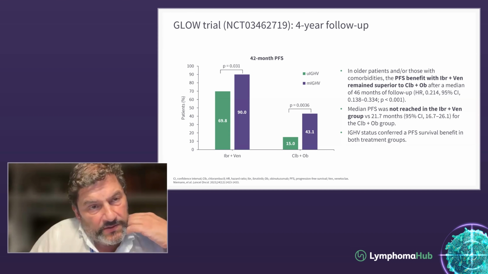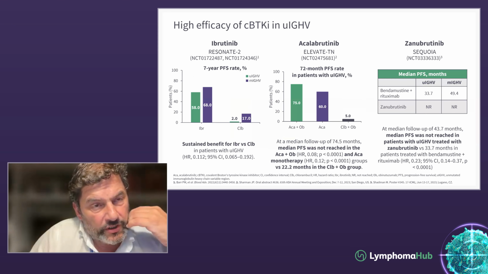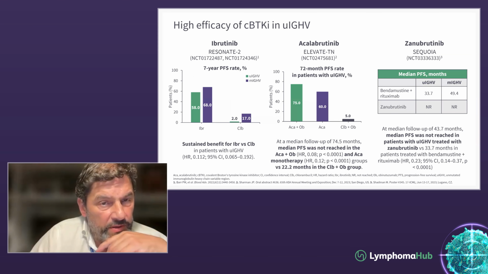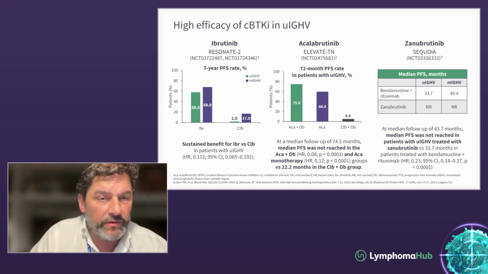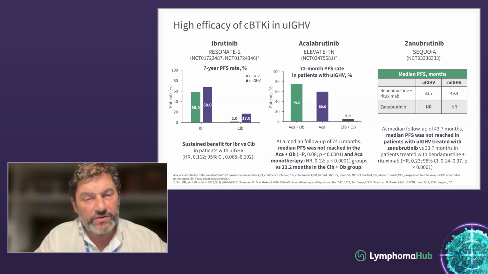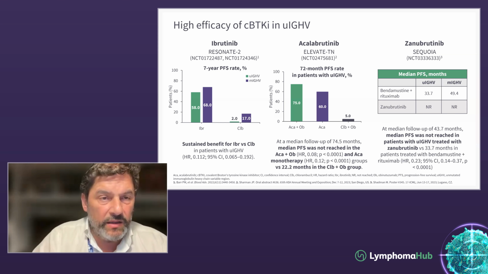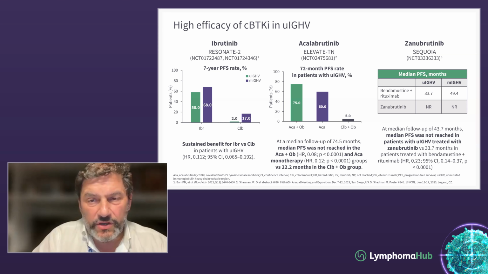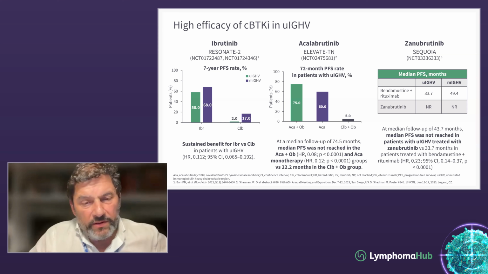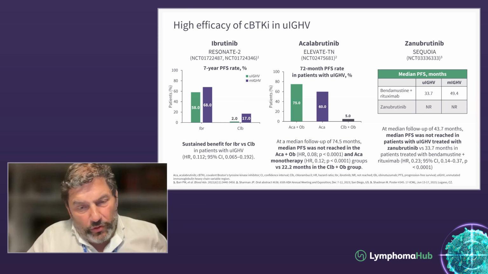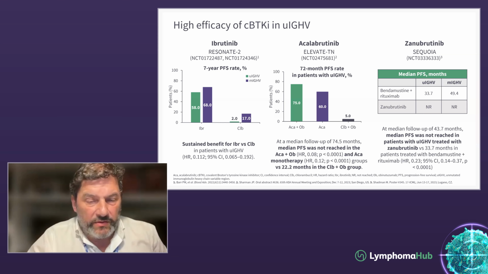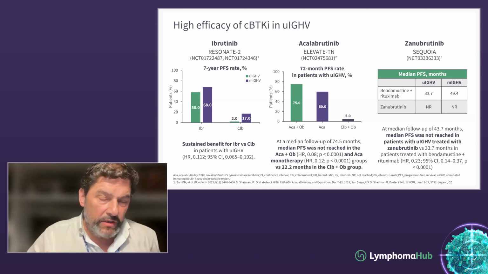Next is again focusing on unmutated IGHV. You see here the activity of the different BTK inhibitors. And again, this continuous approach for these genetic high-risk patients is excellent. Ibrutinib, acalabrutinib, or zanubrutinib are providing an excellent and prolonged progression-free survival in this high-risk population.